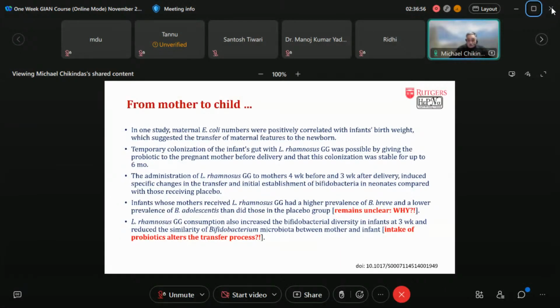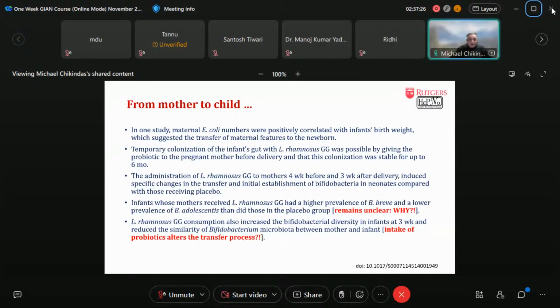It caused positive changes and influenced the establishment of the initial bifidobacteria population compared to the placebo. So positive effect of LGG strain on the bifida population in the children through the mother, not directly. It's an indirect delivery of the probiotic bacteria passed through the mother.